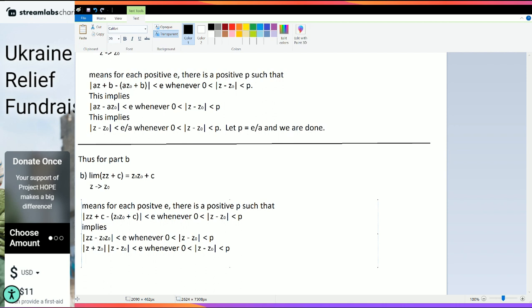And the reason why is because the distance z minus z naught can stay constant, while the modulus of z plus z naught can increase to any degree we like. So I don't feel comfortable with this. Did I read the problem wrong?